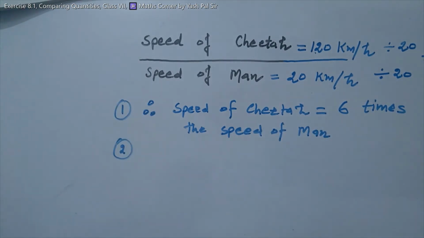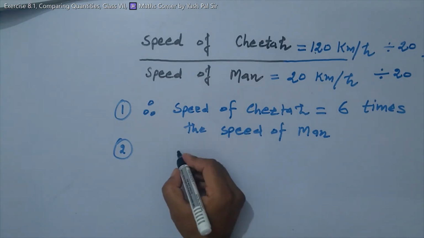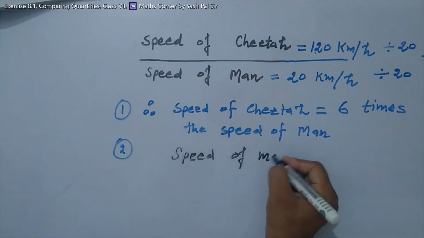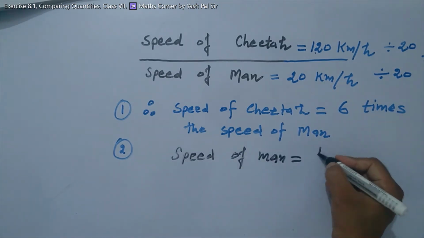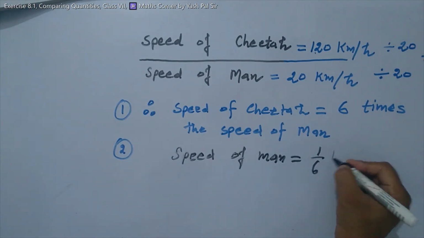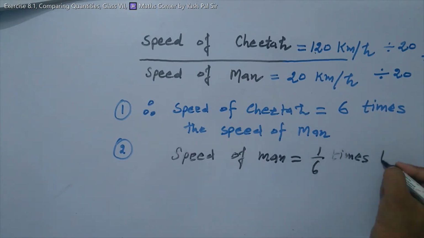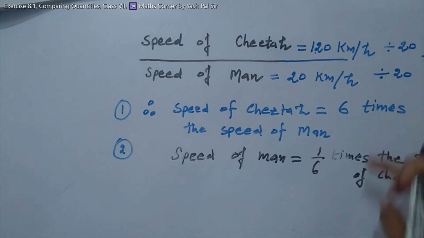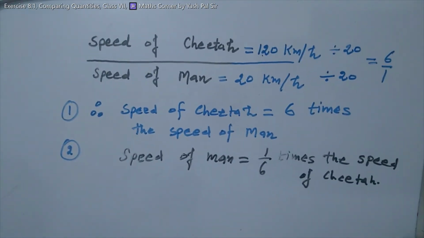Second way, we can write speed of man is equal to 1 by 6, the reciprocal of 6, times the speed of cheetah. Right? This way we are comparing the two quantities.